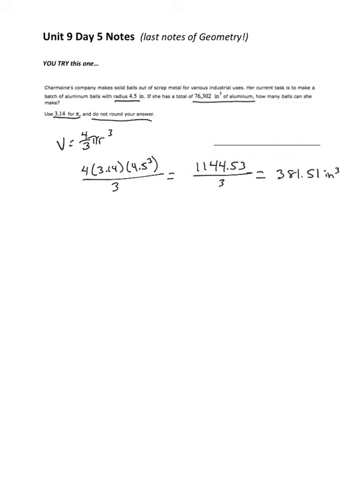That's the volume of 1 ball. Now she has 76,302 cubic inches of aluminum. So you divide it by the volume of 1. We have 76,302 divided by 381.51. She can make 200 aluminum balls.